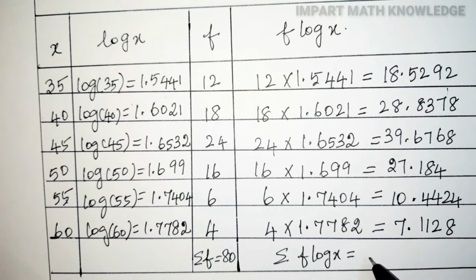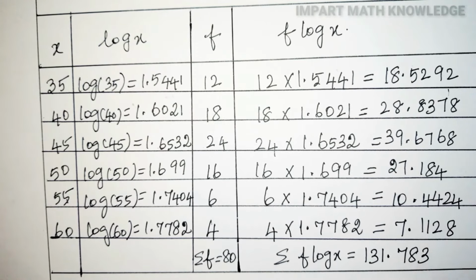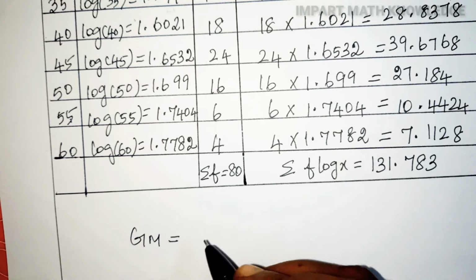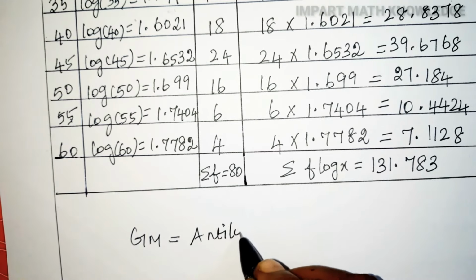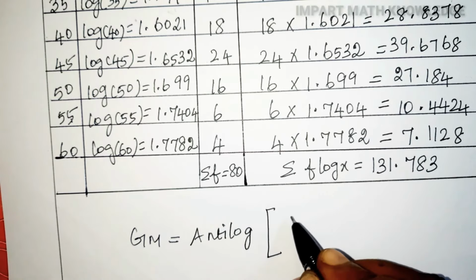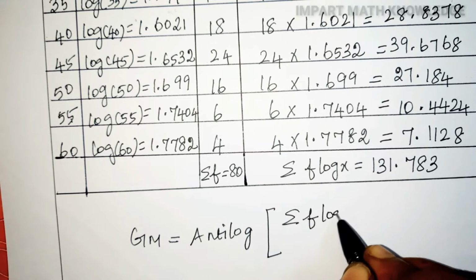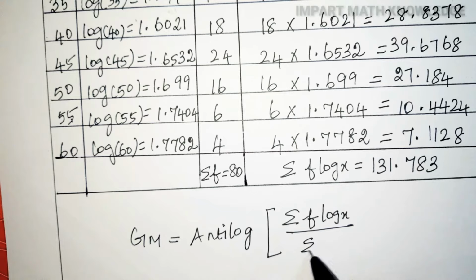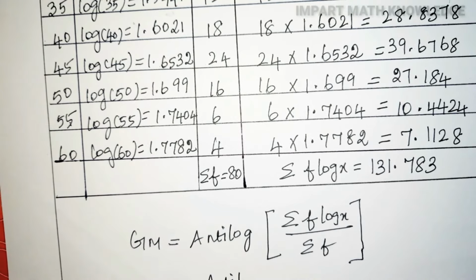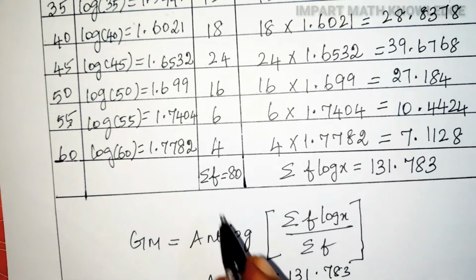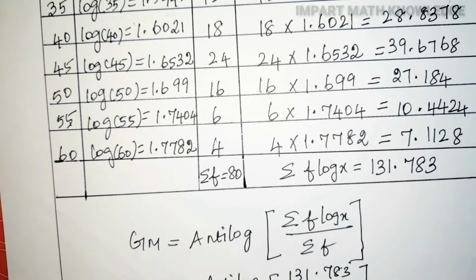Sigma f log x is equal to 131.783. Geometric mean for discrete cases, antilog of sigma f log x divided by sigma f. This is equal to antilog of 131.783 divided by sigma f, which is 80.